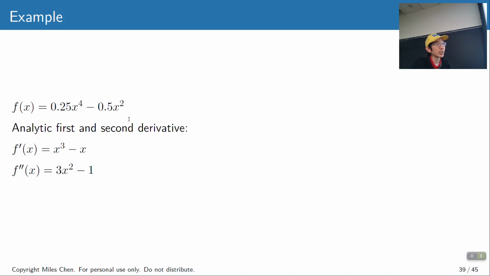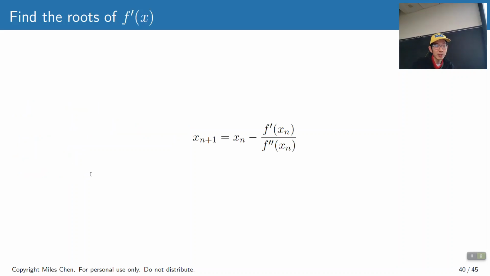But even if you couldn't, you could use a numeric approximation for the derivative, and that would be good enough here, okay? So the derivative is x cubed minus x, and the second derivative is 3x squared minus 1. And so we will code all of this up, okay? And we're going to just say, let's find the roots of f prime of x, okay? And that will be the critical values or critical points.